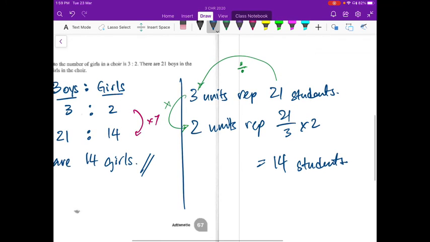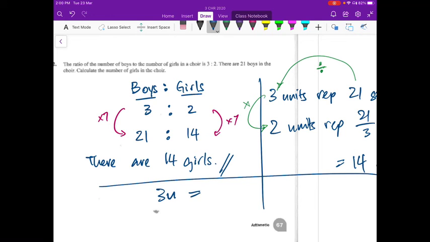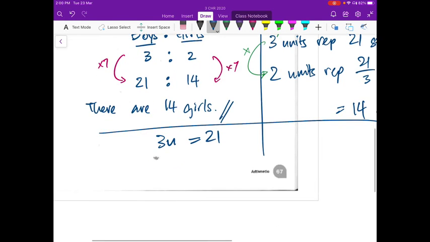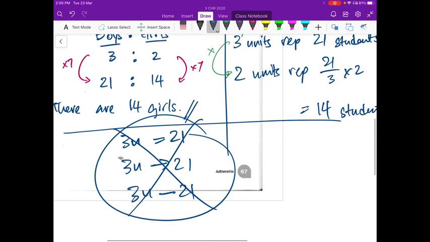Okay, can. Notice I don't have things like 3 unit equal to 21, or 3 unit arrow 21, or 3 unit dash 21. Don't have. All these are wrong.